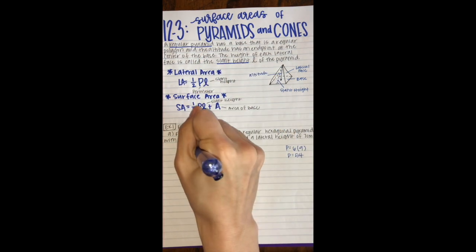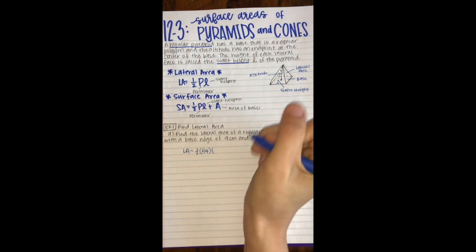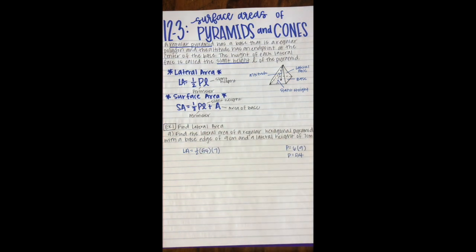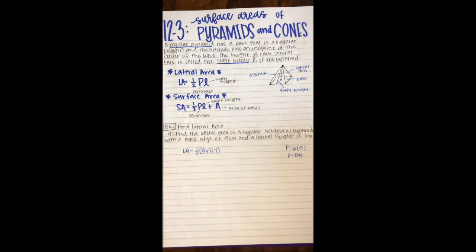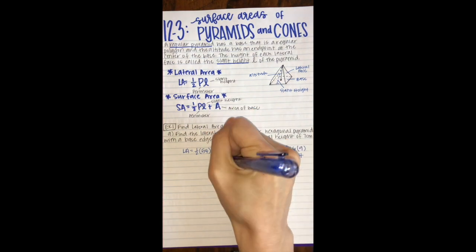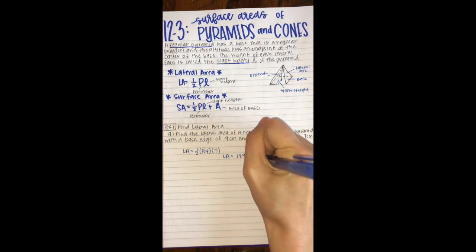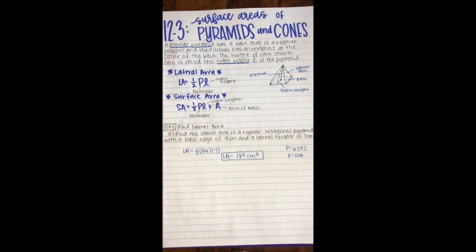So we have 1/2 times the perimeter of 54 times the slant height of 7. So you have 0.5 times 54 times 7, and we get 189. So the lateral area is 189 centimeters squared. Again, area, so units are squared.